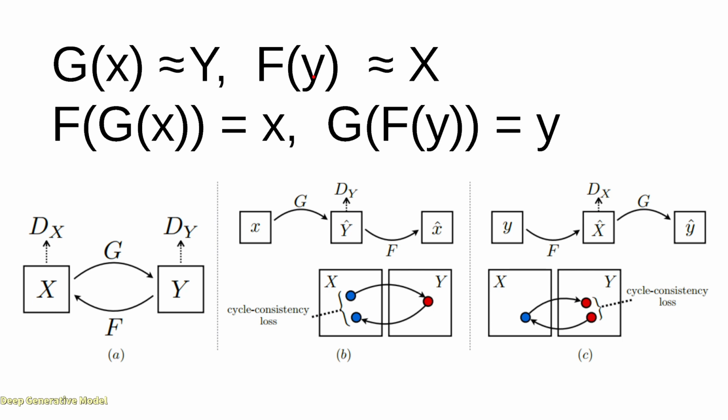So it will naturally preserve the architecture, the structure of the original images. So this requirement alone is sometimes enough to do the domain translation for these images. For example, for the zebra and the horse, it might just simply work.